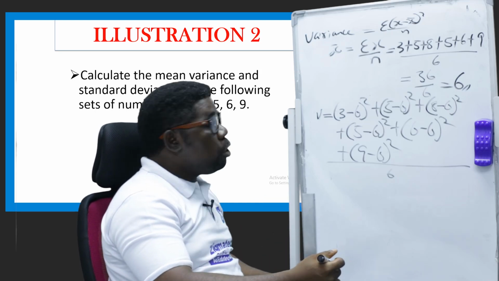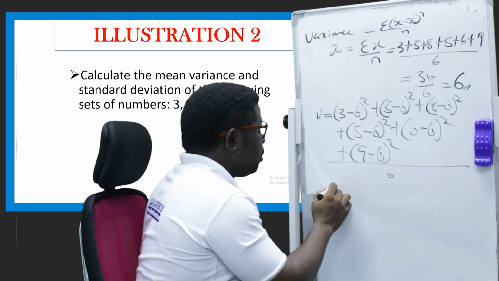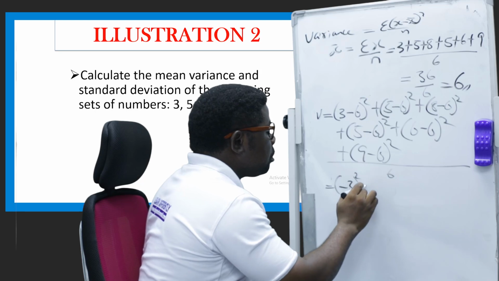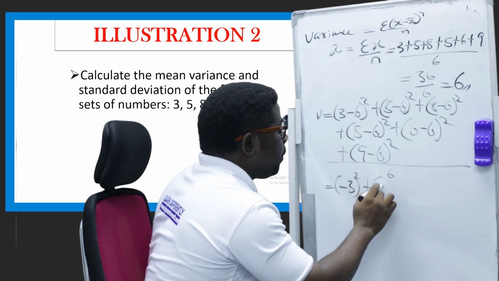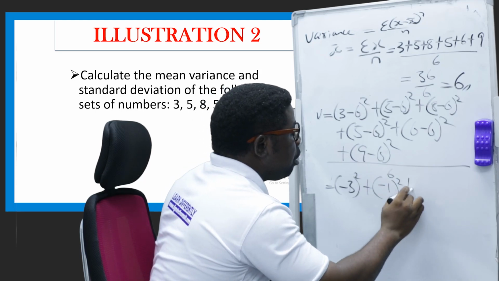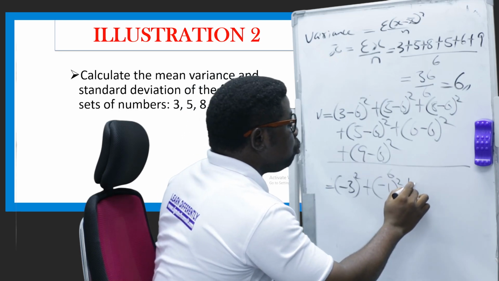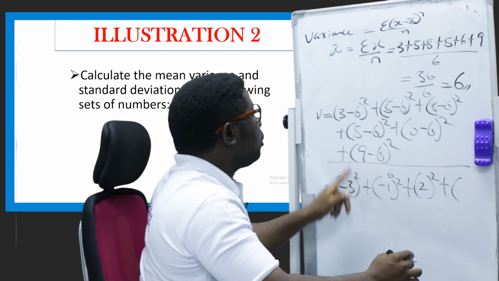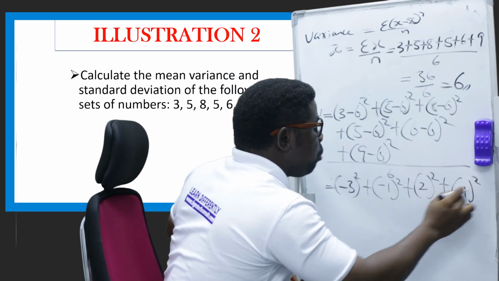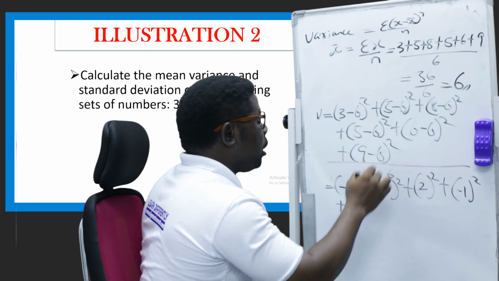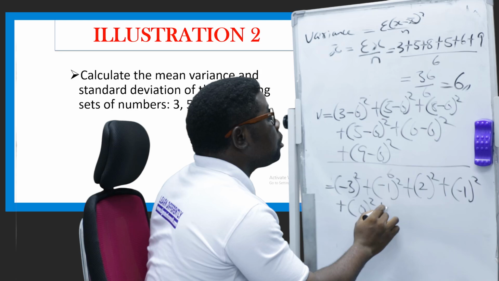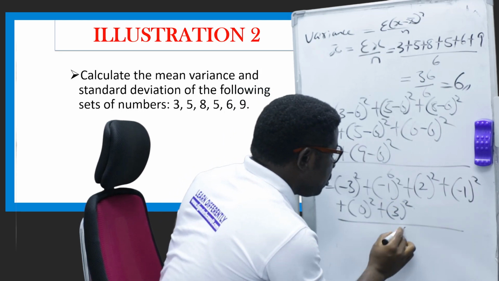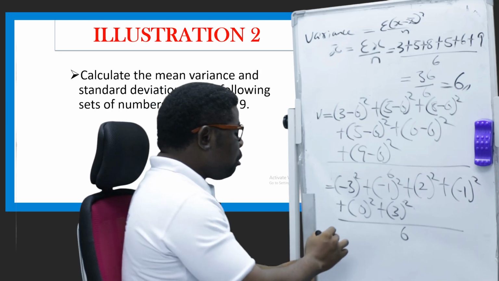Minus times minus is plus. So we get (minus 3) squared plus (minus 1) squared plus (2) squared plus (minus 1) squared plus (0) squared plus (3) squared, all over 6.